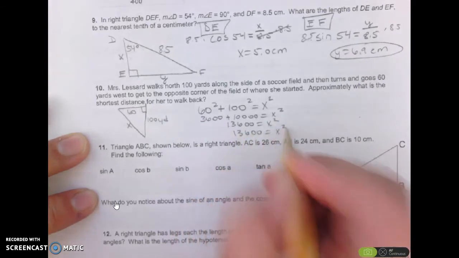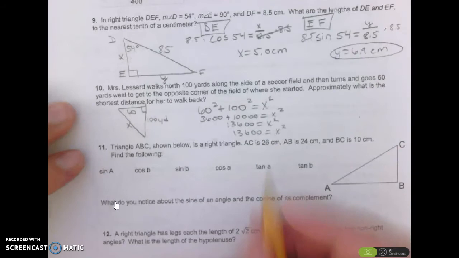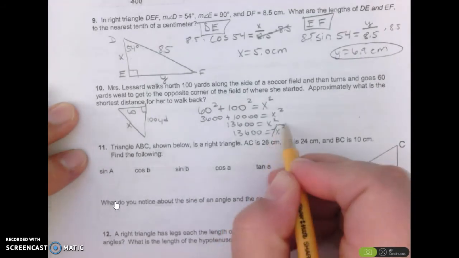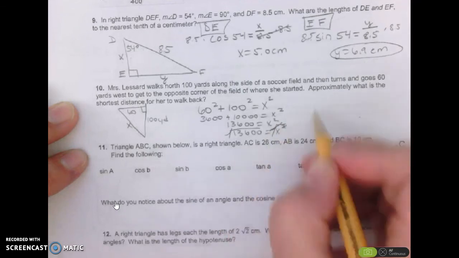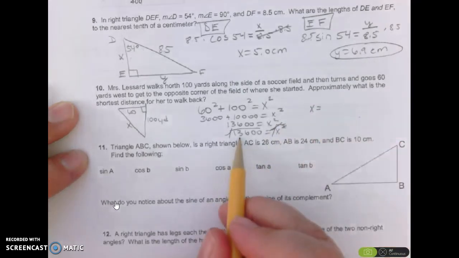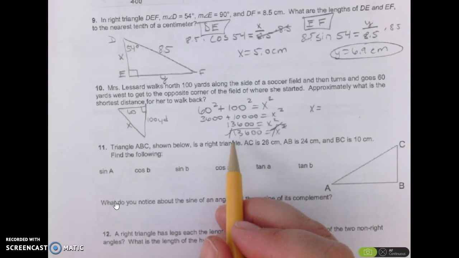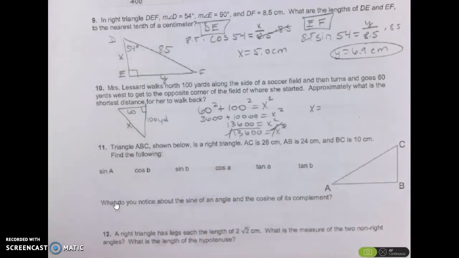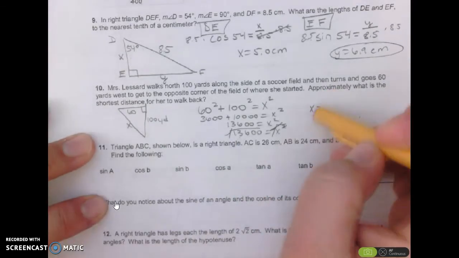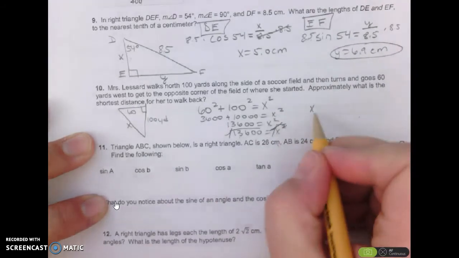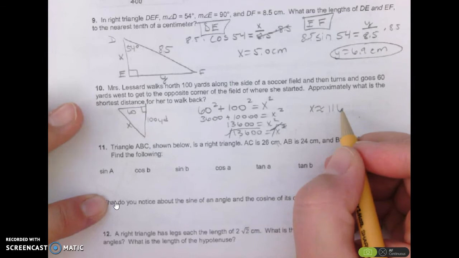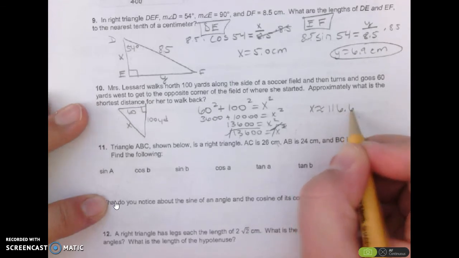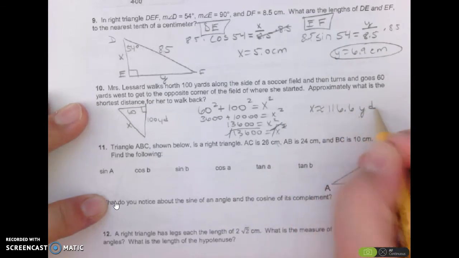Now to undo a square and finish solving this equation, I have to use the inverse and take the square root of both sides of the equation. The square root undoes the square, out pops the x, and the square root of 13,600 is approximately equal to 116.6 yards.